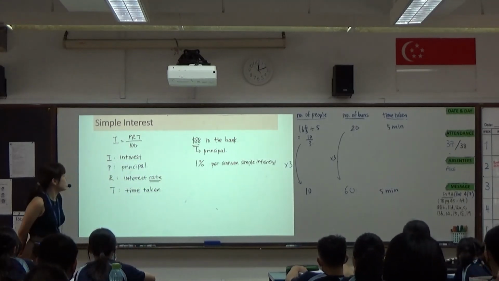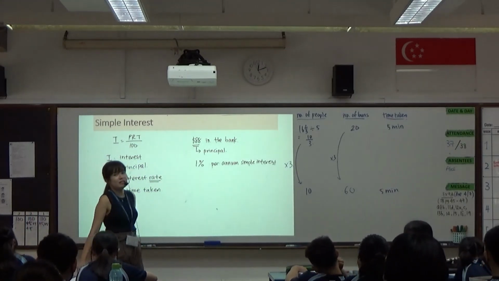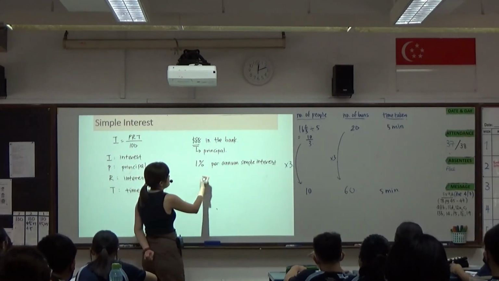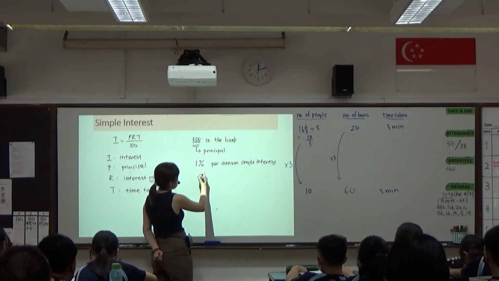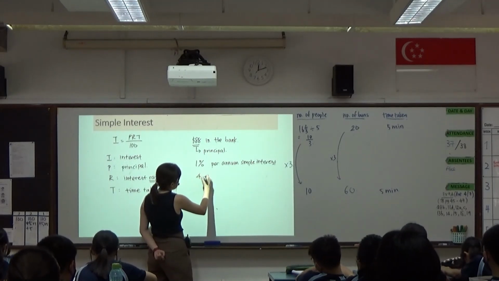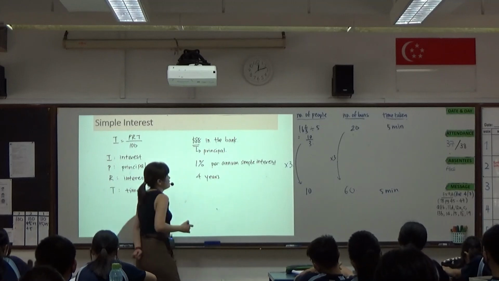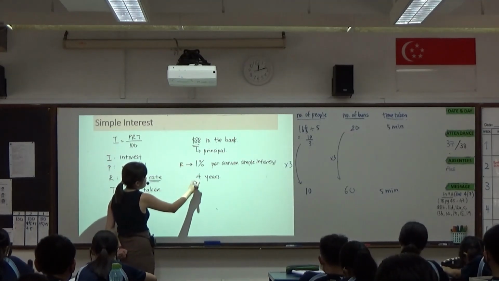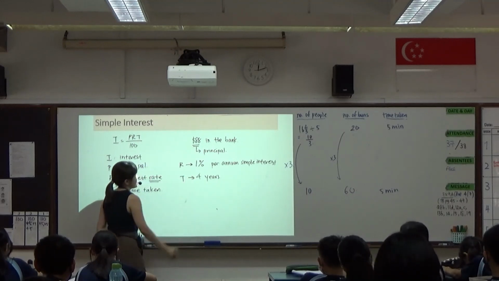Then after that, let's say you put it inside the bank. You never touch it, you never add any more money. You put it in the bank for maybe 4 years of secondary school. So this 1% is actually your rate, and then your 4 years is the time.